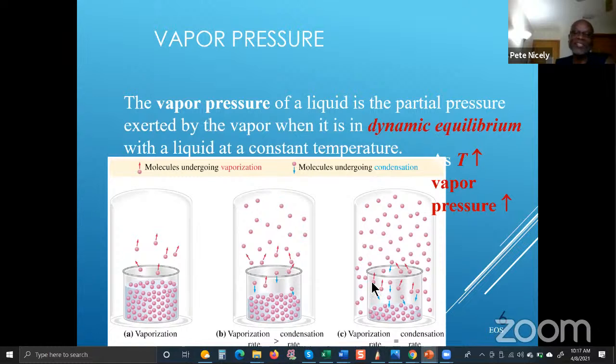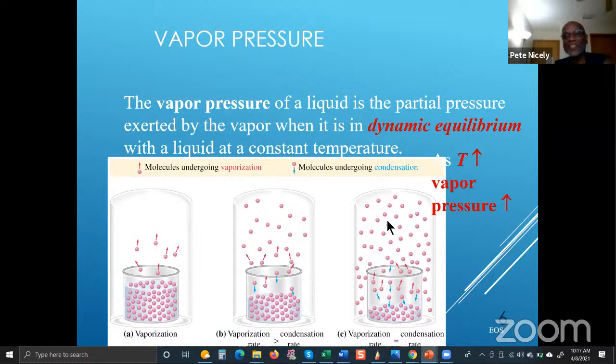That will continue until you reach a point of what we call dynamic equilibrium, where the rate of vaporization is equal to the rate of condensation. When that happens, the amount of liquid here will remain constant, the amount of vapor above will be constant, but there'll be a back and forth between the two states, right? As soon as a molecule goes into the gaseous state from the liquid state, a molecule from the gaseous state will go into the liquid state, all right?